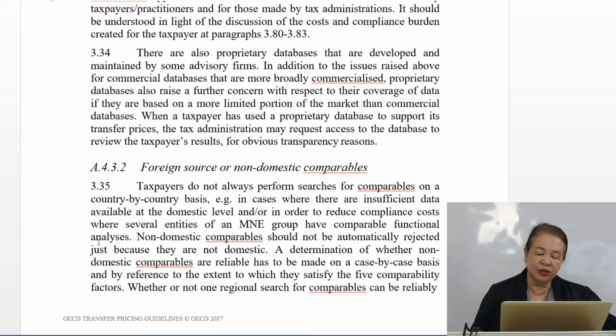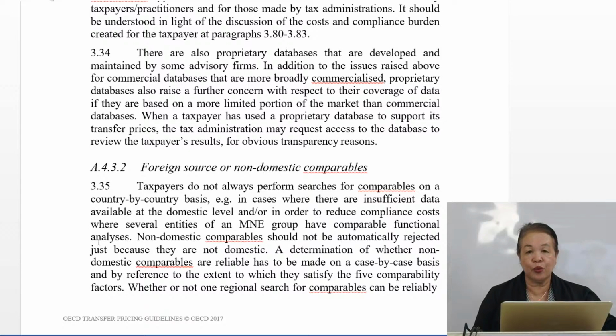In addition to the issues raised above for commercial databases that are more broadly commercialized, proprietary databases also raise a further concern with respect to their coverage of data if they are based on a more limited portion of the market than commercial databases. So when a taxpayer has used a proprietary database to support its transfer prices, the tax administration may request access to the database to review the taxpayer's results for obvious transparency reasons.